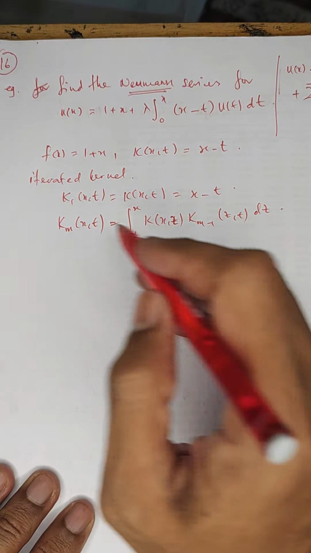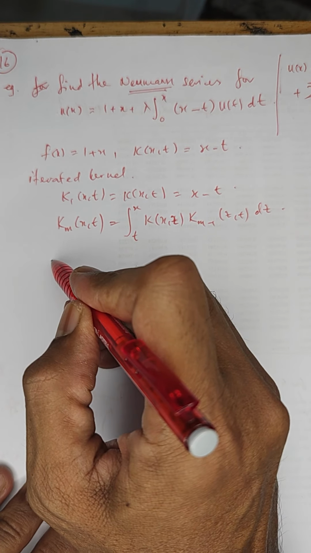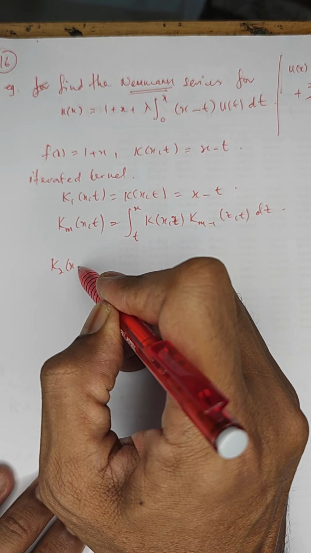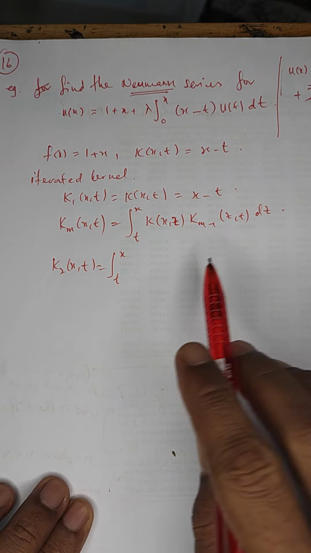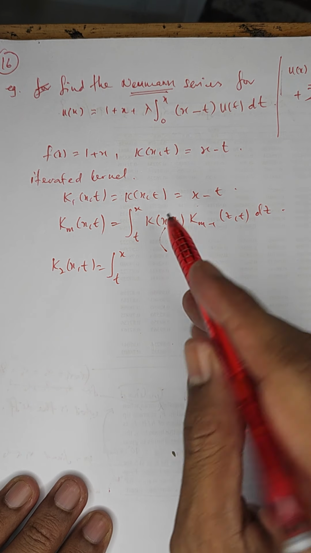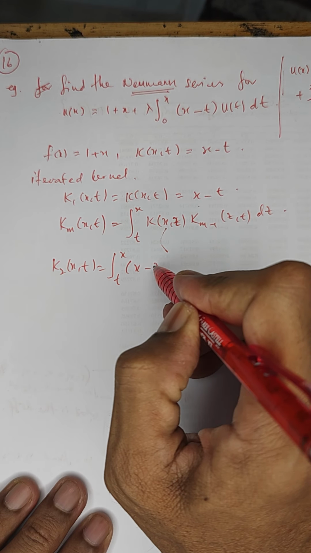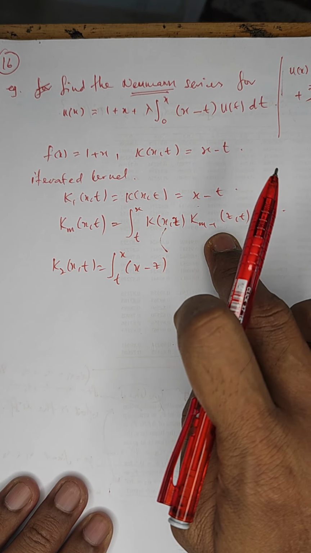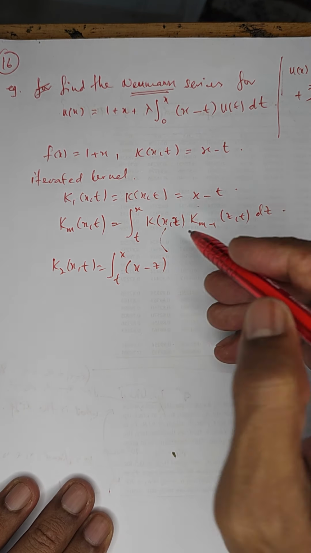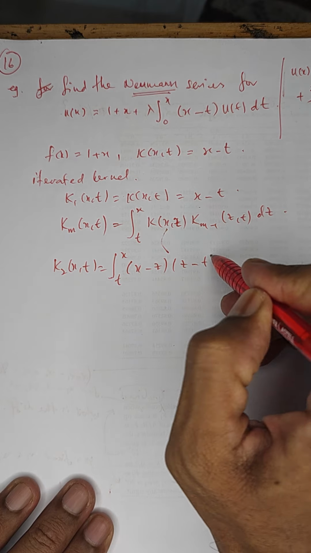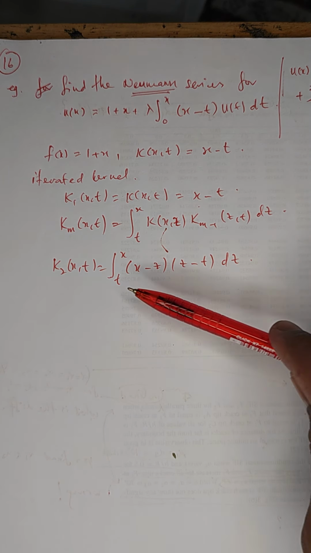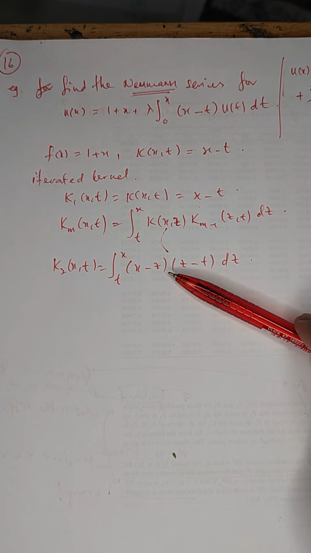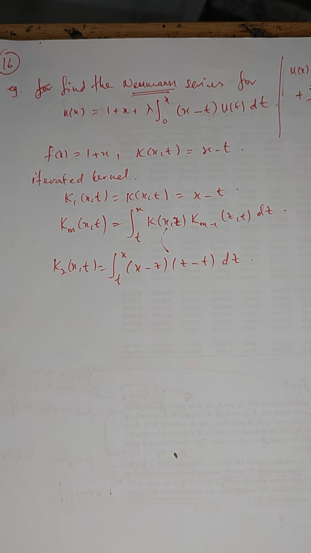So let's do this. We have K_1. We are looking for K_2(x,t). This is integrate t to x, K(x,z), so x - z, and we have K_1(z,t), so z - t, dz. For this you can use integration by parts.